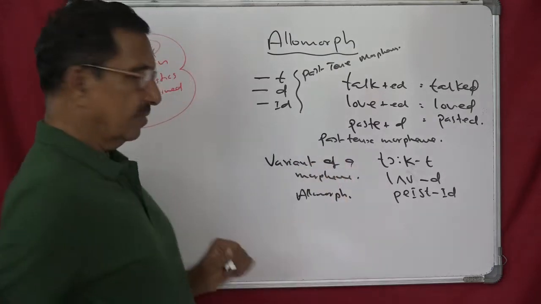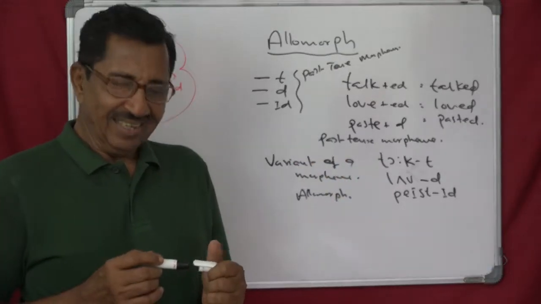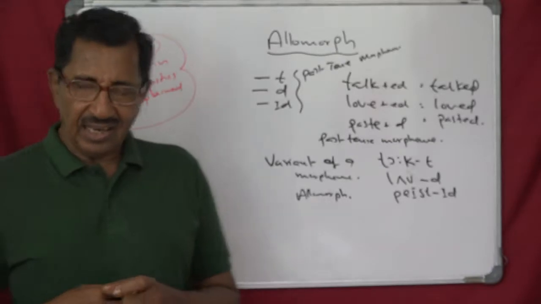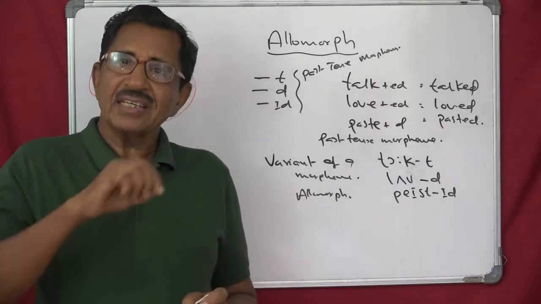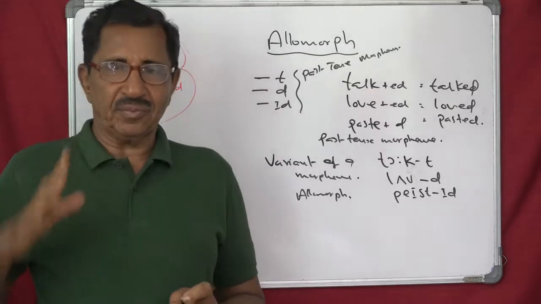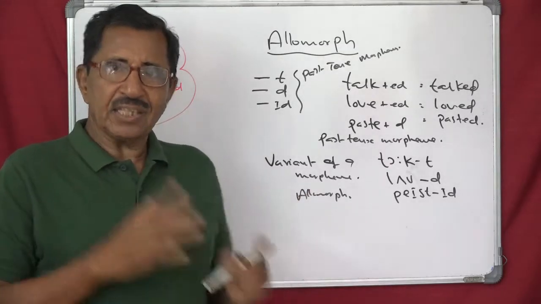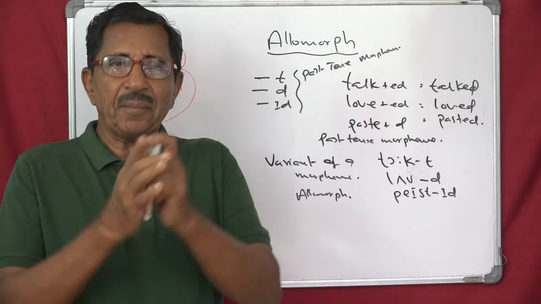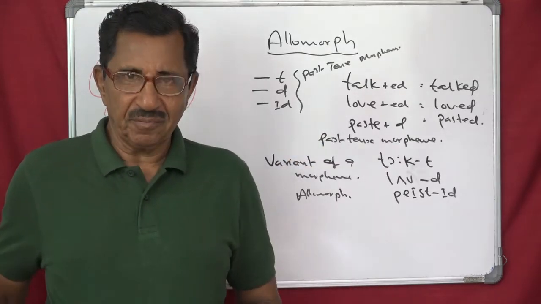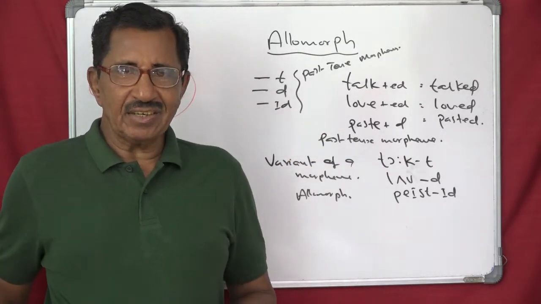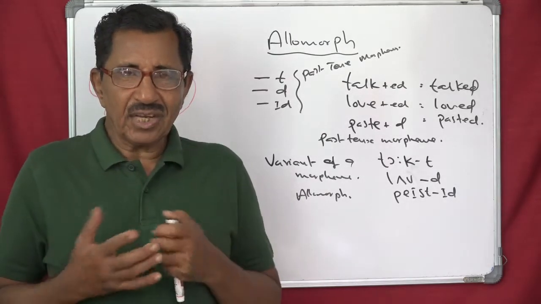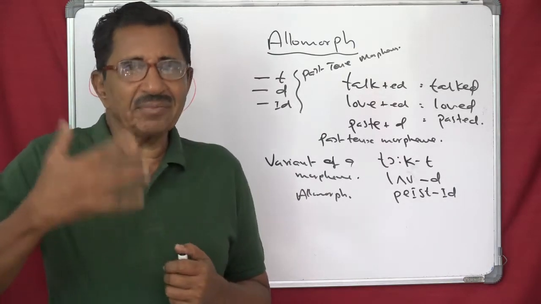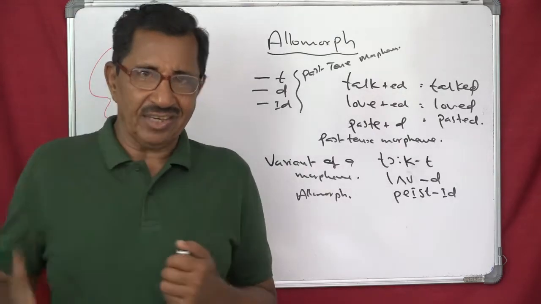Allomorph. Understand? So what is an allomorph? An allomorph is a morpheme, but in its different forms. The morpheme here is past tense, and it appears, or is realized, in three different forms. Realized means it becomes actual.